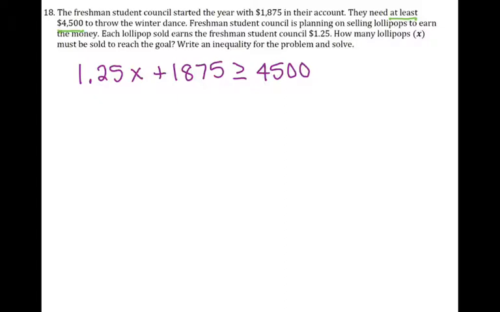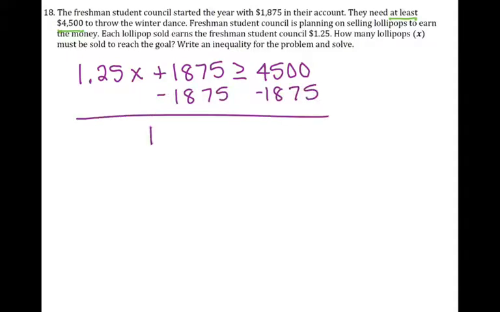So now I can just go through the process of solving. I'm going to subtract 1875 from both sides. That gives me 1.25x is greater than or equal to 2,625. And then I am going to divide by 1.25.